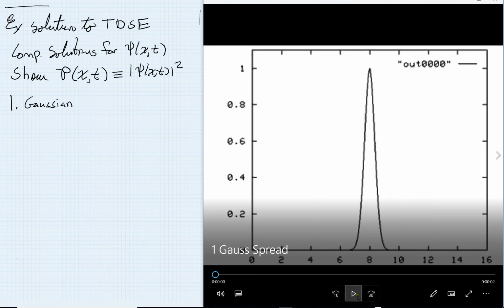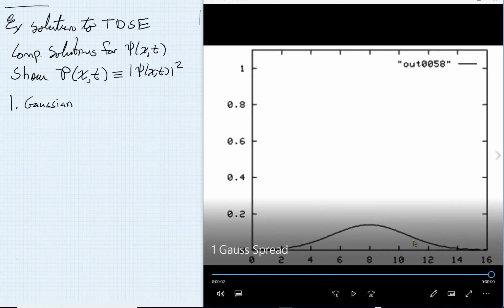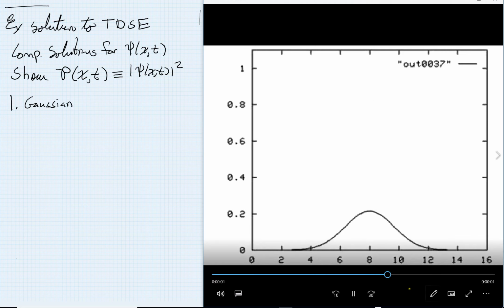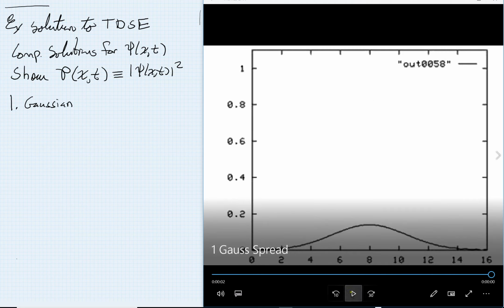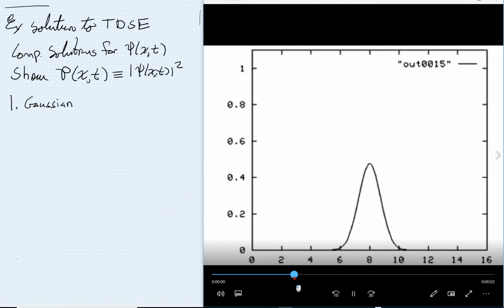Then as I let the time-dependent Schrodinger equation evolve my state, you notice the probability just begins to spread out, just as we've been predicting from the beginning of the semester, due to the fact that in this initial state I have a significant localization of my particle, and as a consequence a wide spread, or uncertainty, in the momentum. As time goes on, that means the probability of where I can find the particle begins to spread out. So that's the first key demonstration.